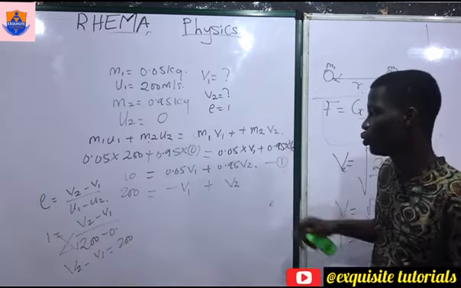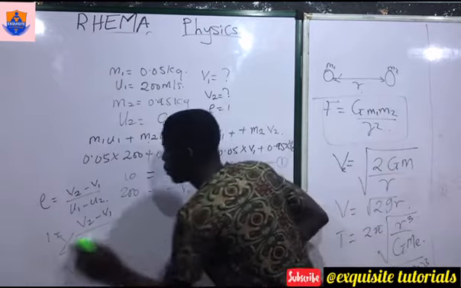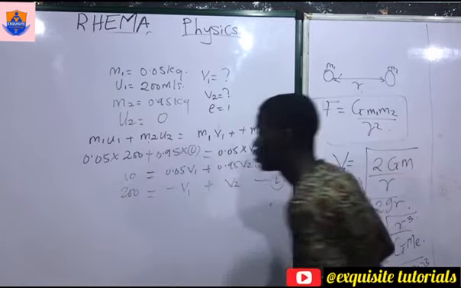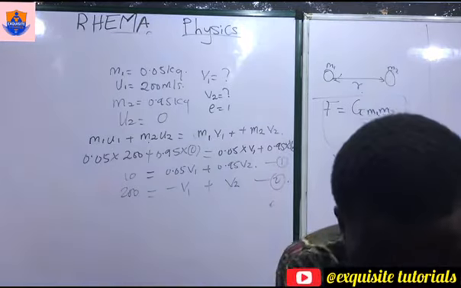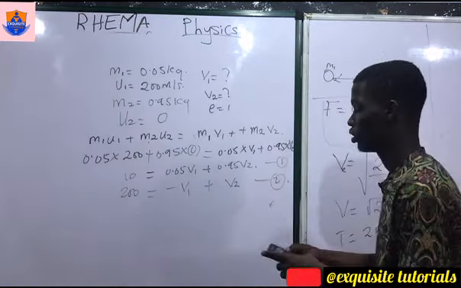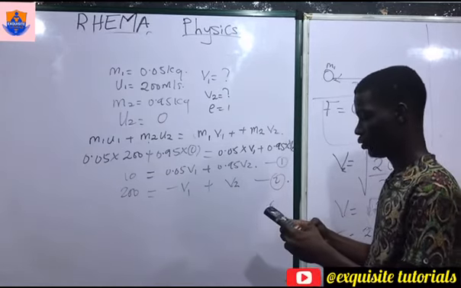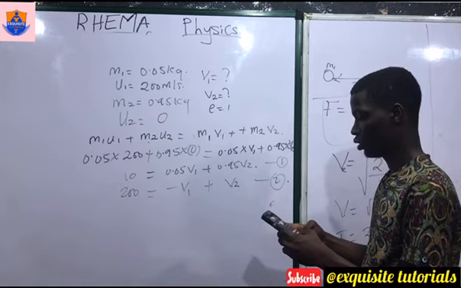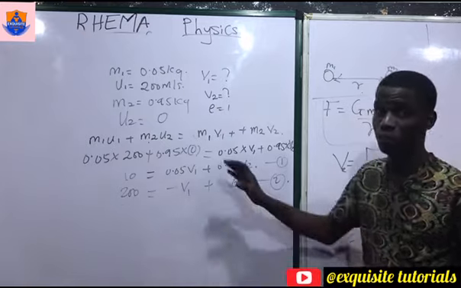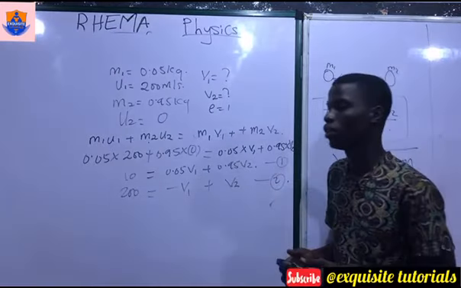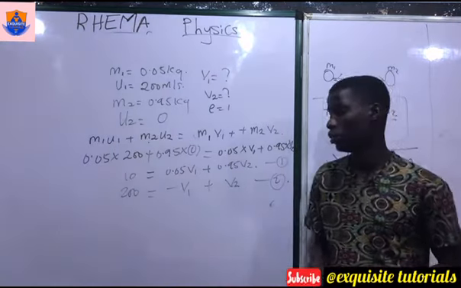Now we are having two equations. This is how you can solve it when it has to do with the coefficient of restitution. When you have gotten your values up to this point, it's already telling you that it's a simultaneous equation. How would you solve it? You can use your calculator. I won't be teaching you how to use your calculator here, since your maths tutor has already taught you.